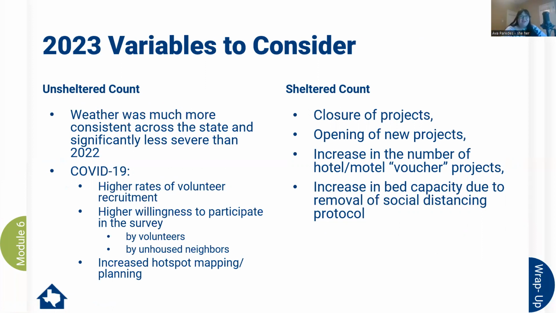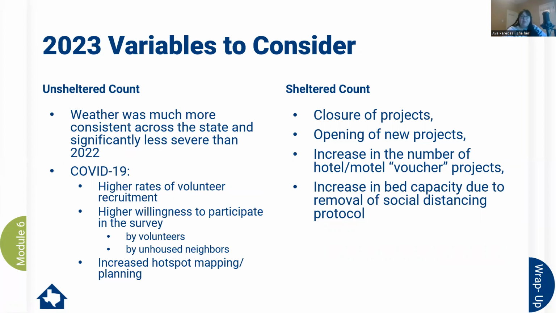All right, so before we get into our discussion on actually presenting your data, I want to take some time to remind folks about some of the variables that your community may have encountered during the 2023 PIT season. I'm starting here because depending on the variables that were in play in your community, you may decide you want to limit the scope of your analysis. On the screen are the variables broken down by sheltered and unsheltered count.